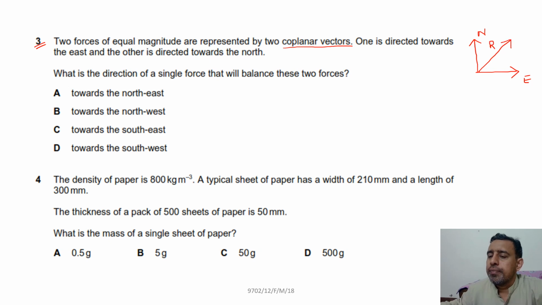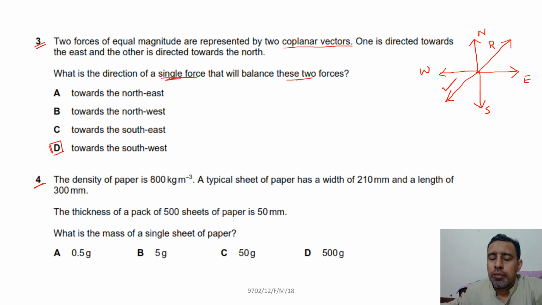It's called R. To balance this resultant, an equal and opposite force is required, and it must be in this way, in between west and south. So this balancing force is equal and opposite to the resultant. So what is the direction of the single force that will balance these two forces? It is the force which is towards southwest. So option D is correct.